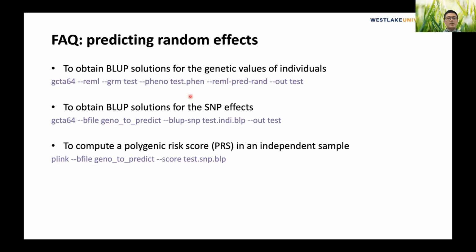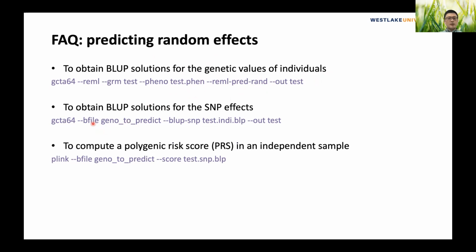So here is an example. We can use this GREML predict random effect option to output all the BLUP solutions for the total genetic values of the individuals captured by the SNPs.